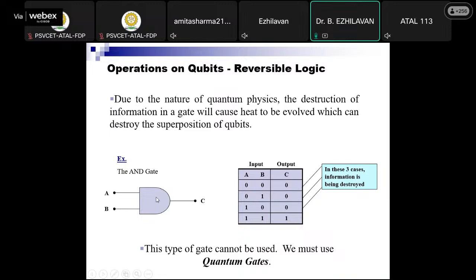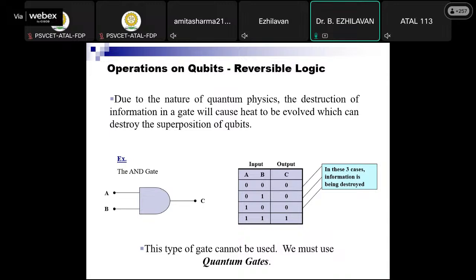This is the simple AND gate multiplication. A, B and C, the output, we all know: 0 0 equals 0, 0 1 is 0, 1 0 is 0, then 1 1 is 1. This type of gate can't be used in quantum computing, so we use quantum gates.